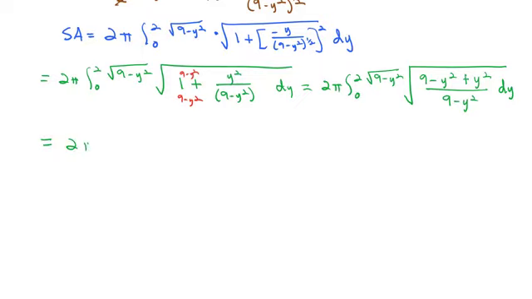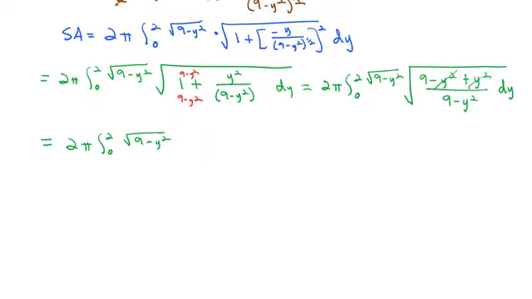Cleaning up, we have 2 pi times the integral from 0 to 2 of the square root of 9 minus y squared times, notice the y squares divide out, or subtract out. Negative y squared plus y squared is 0.